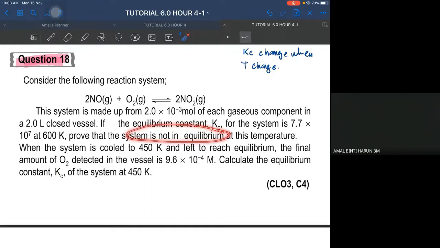Yang kedua, selepas menentukan itu, kita diminta untuk mencari Kc yang baru pada suhu 450 Kelvin. Now, jangan fikir lagi bahagian yang kedua ni. Kita fokus dulu, dia reach equilibrium ataupun tidak untuk jawab persoalan yang pertama.